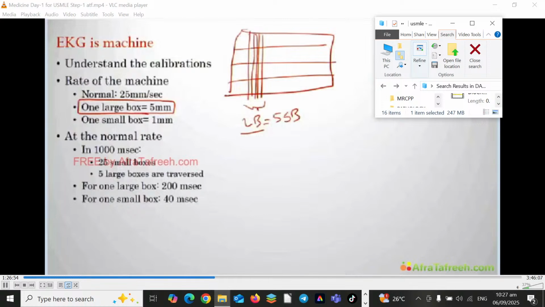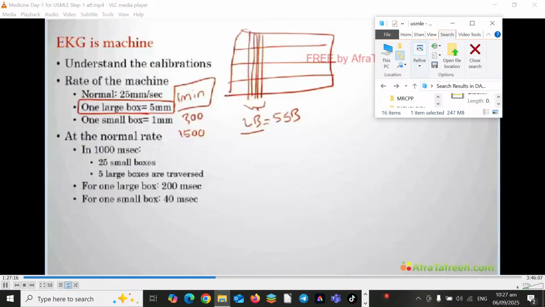Right. So it would be 5 into 60. Simple maths. So in 1 minute, it would move 300 large boxes. Each large box is made up of 5 small boxes. That means it will move 1500 small boxes.